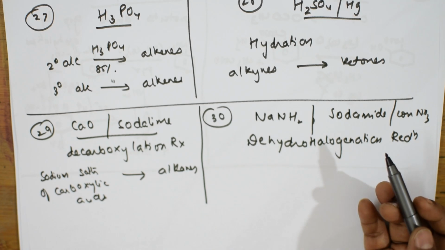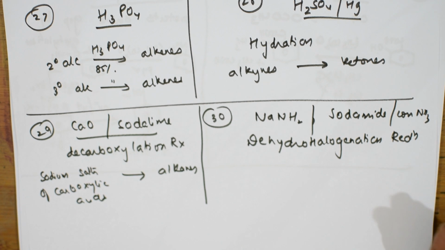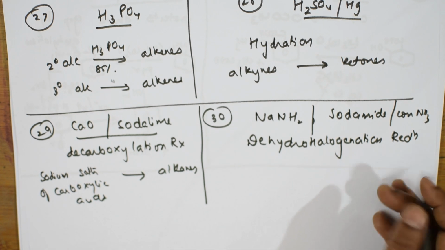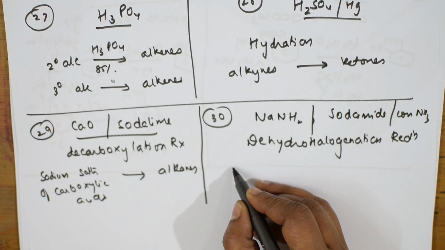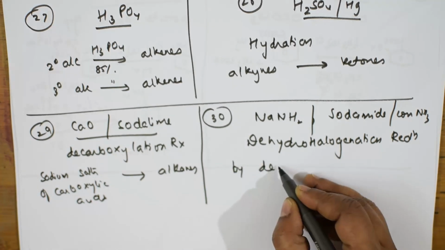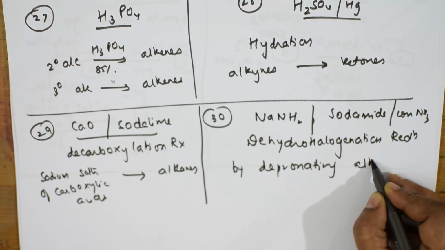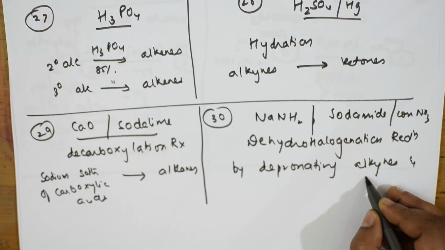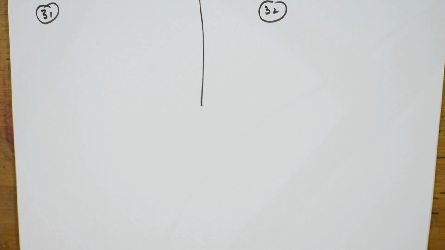It deprotonates alkynes and alcohols. Dehydrohalogenation means it will remove hydrogen as well as halogen. How does it do this? By deprotonating what? Alkynes and alcohols. Okay, 30 are over, isn't it? Let's see some more. Now let's see the 31st reagent, students. So 30 are over, right?